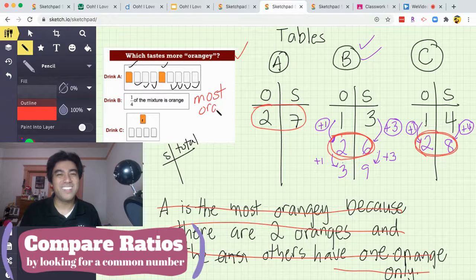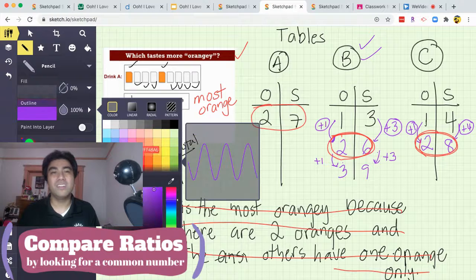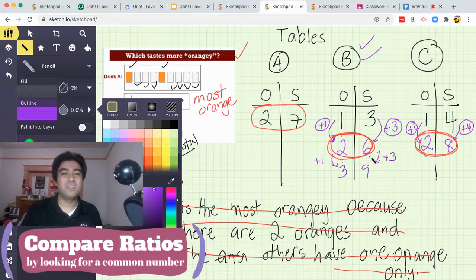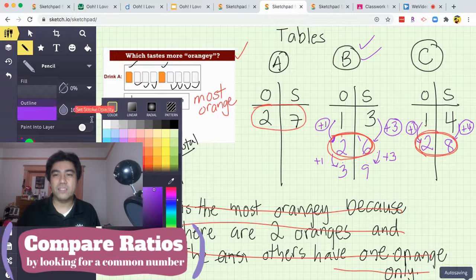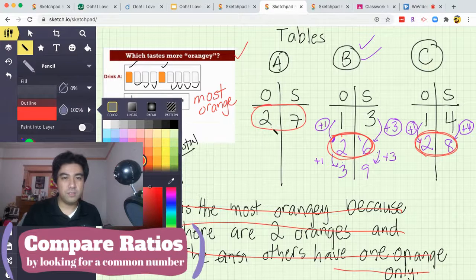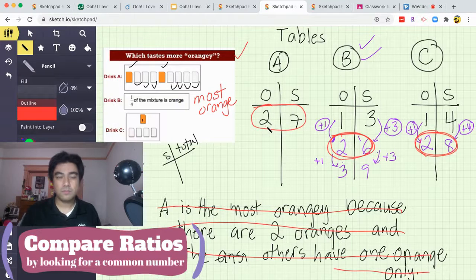But why? Why is this one going to taste more like orange? Well, it's all about looking at the soda for this part, okay? So look at this.